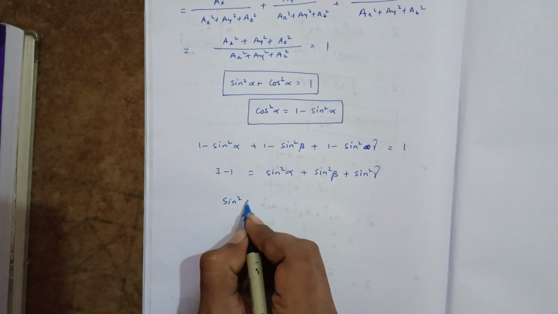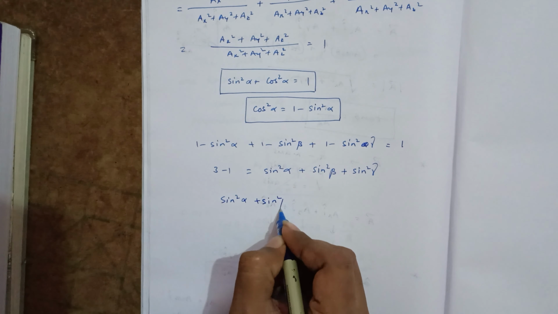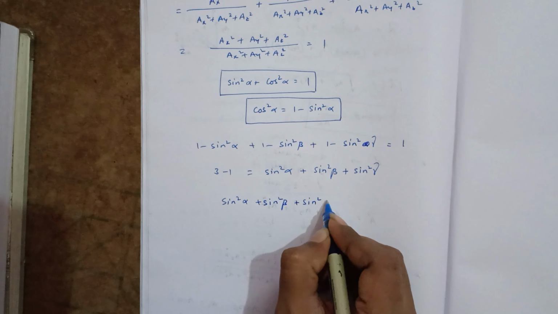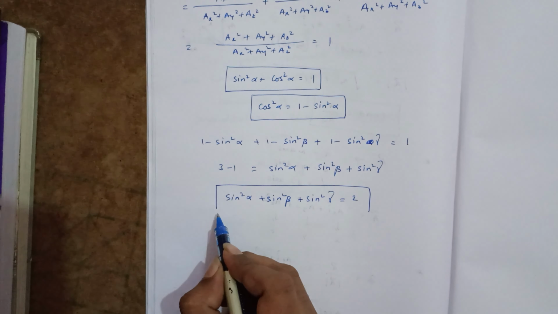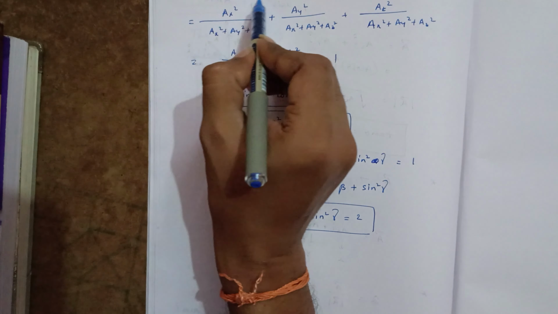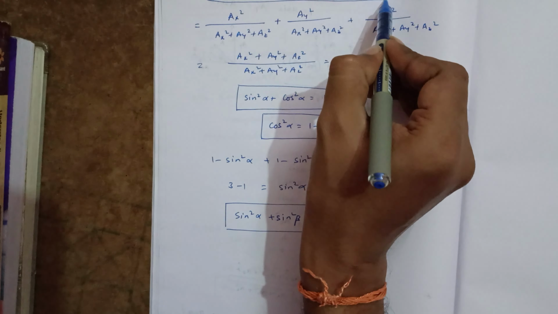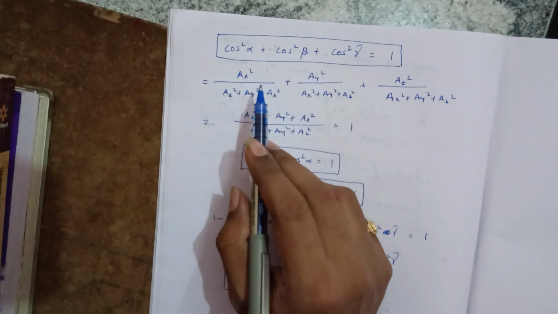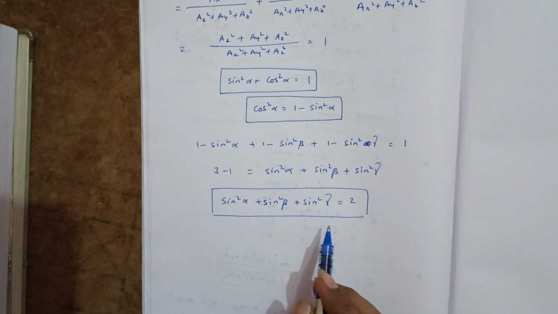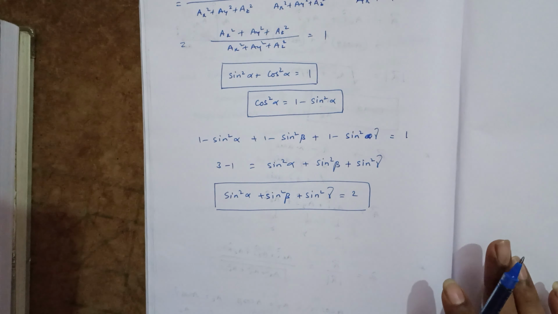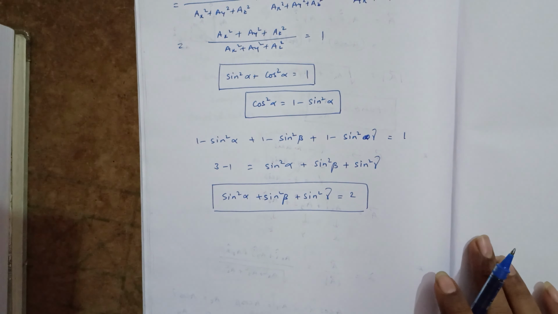So sin square alpha plus sin square beta plus sin square gamma equals 2. This is also a very important relation. Cos square is also important: cos square alpha plus cos square beta plus cos square gamma equals 1, and sin square alpha plus sin square beta plus sin square gamma equals 2. Okay.